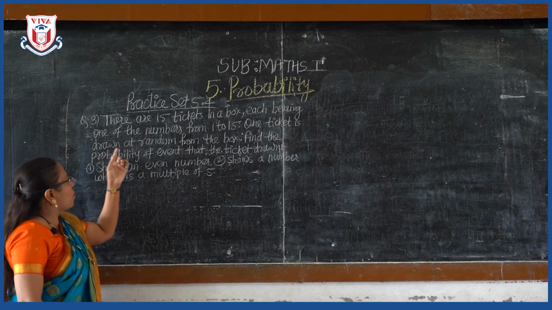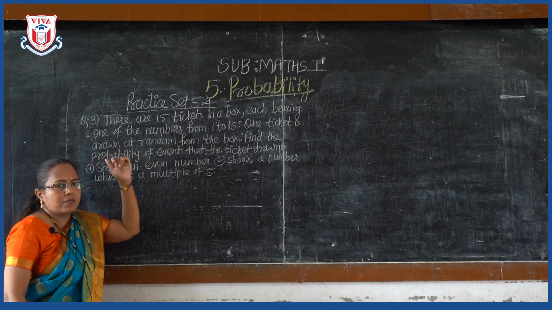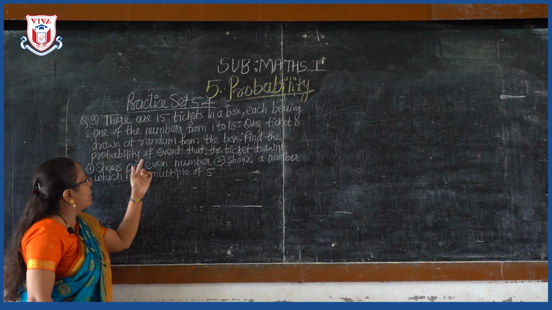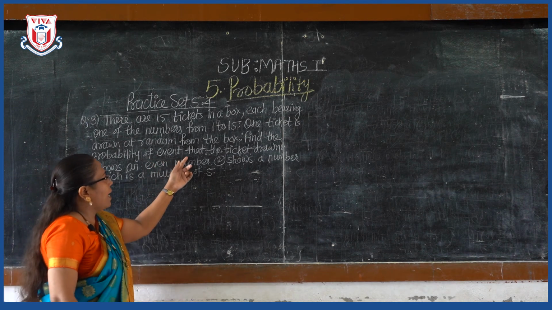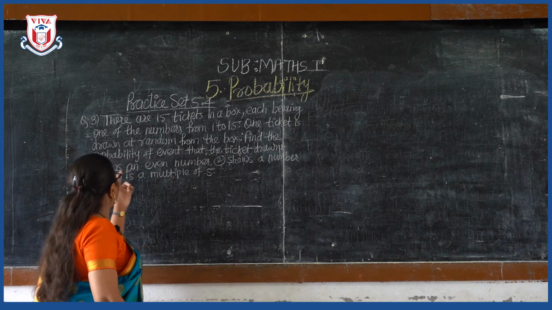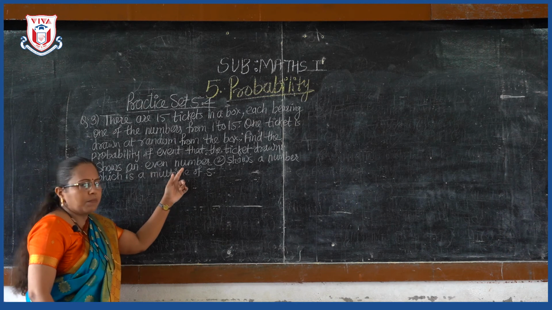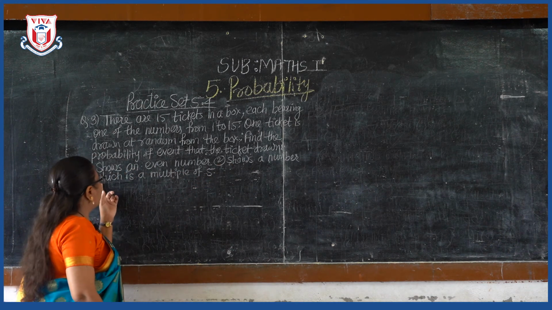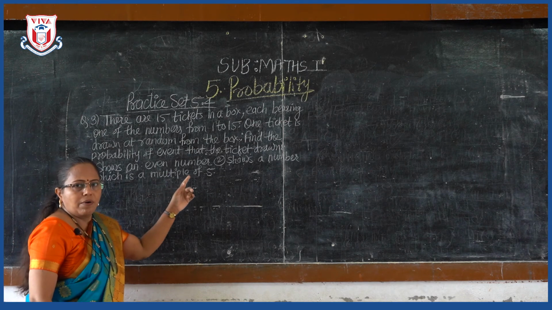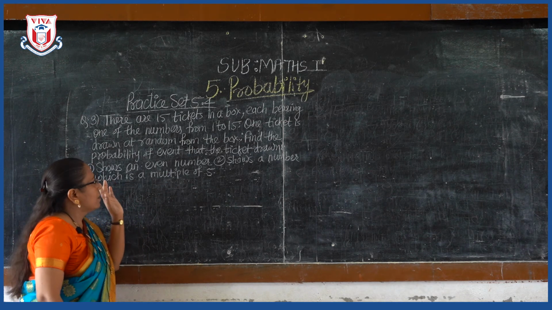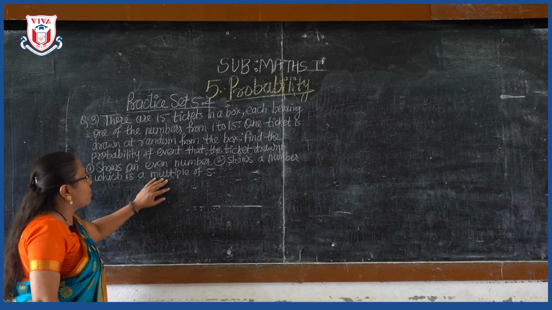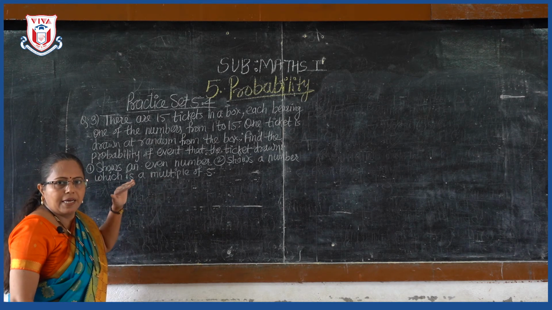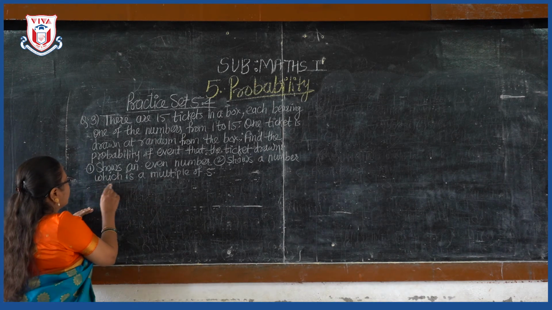One ticket is drawn at random from the box. Find the probability of event that the ticket drawn shows an even number, and second event is it shows a number which is a multiple of 5. Okay. So to find out probability, first we have to write sample space.